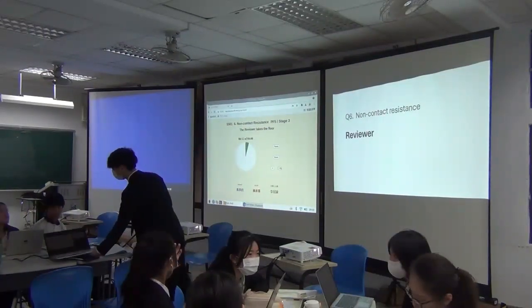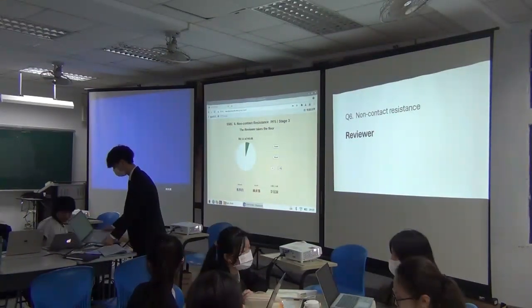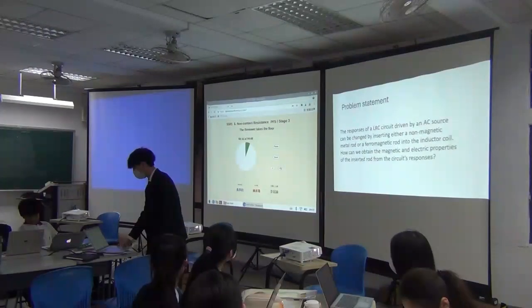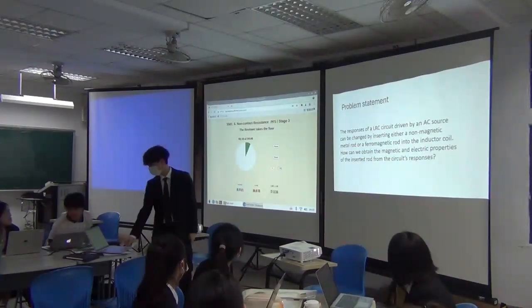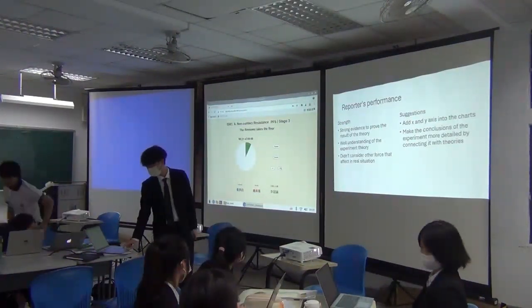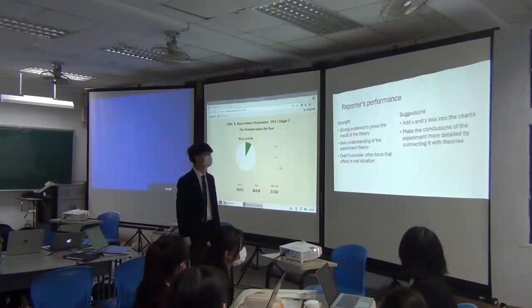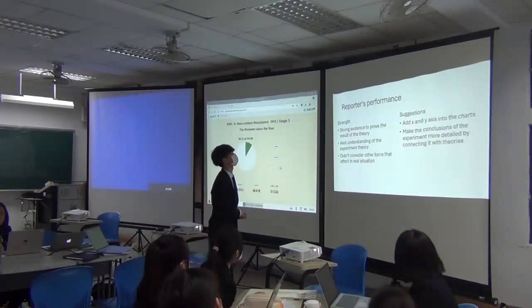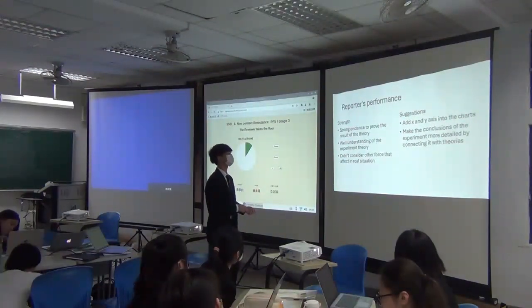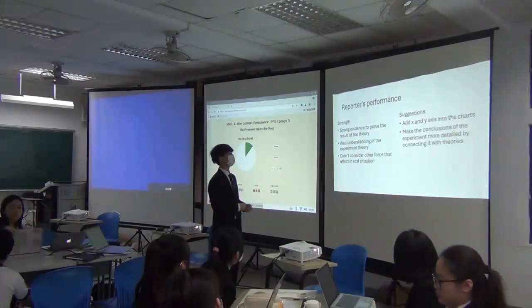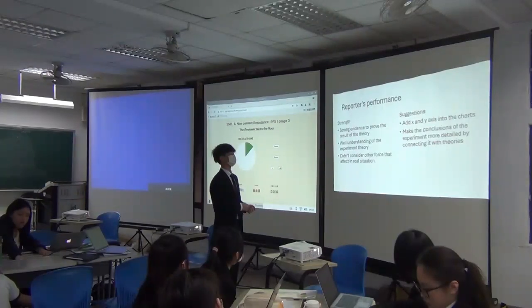So I'm going to figure, and this is our problem statement. The reporter's performance: the strength is strong evidence to prove the result of the theory, and a good understanding of the experiment theory.